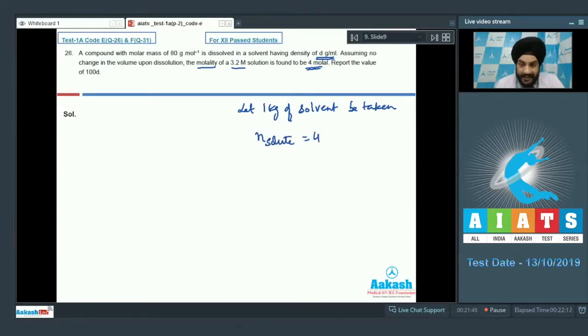Now the density given to us is d gram per ml. So the density of solvent is d gram per ml. This can be simplified to d kg per liter. Now it is told to us that there is no change in volume upon the dissolution of the solid.